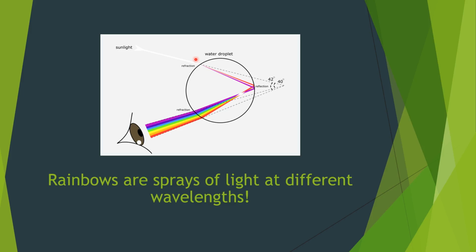The water droplet causes the band of light to separate into a bunch of different wavelengths, in the same way that if you put your hand in front of a hose, the speed and form of the water is going to change drastically and spray out in a bunch of different directions at a bunch of different rates, just depending on how it hit your hand. In the same way, light, depending on how it hits the water droplet, will spray out into all the different colors that we can perceive.